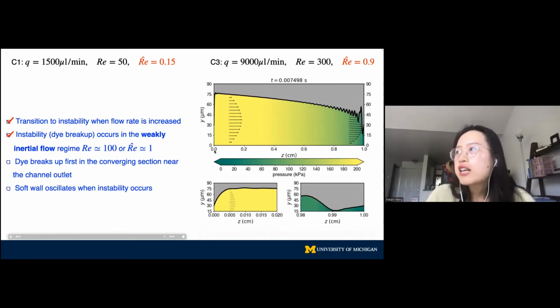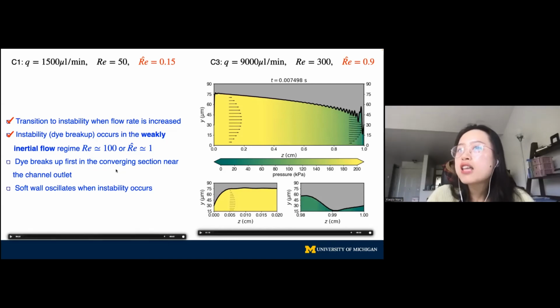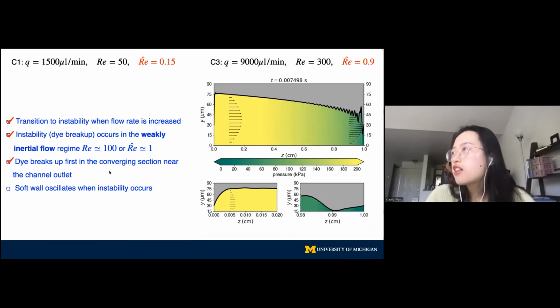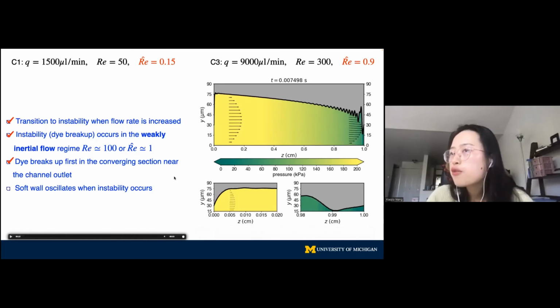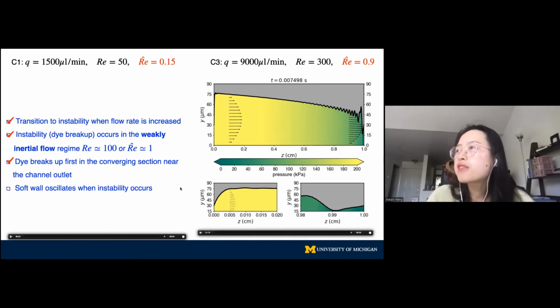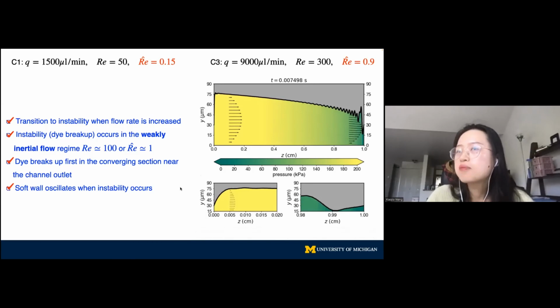Thirdly, in our simulations, the wall oscillations near the channel outlet are more violent compared to the channel inlet. This might be related to the experimental observation that the dye always breaks up first near the channel outlet. And lastly, in the unstable case, the wall oscillates very violently when the system doesn't reach the steady state. Therefore, our 1D FSI system can capture these four key features observed in the experiment.